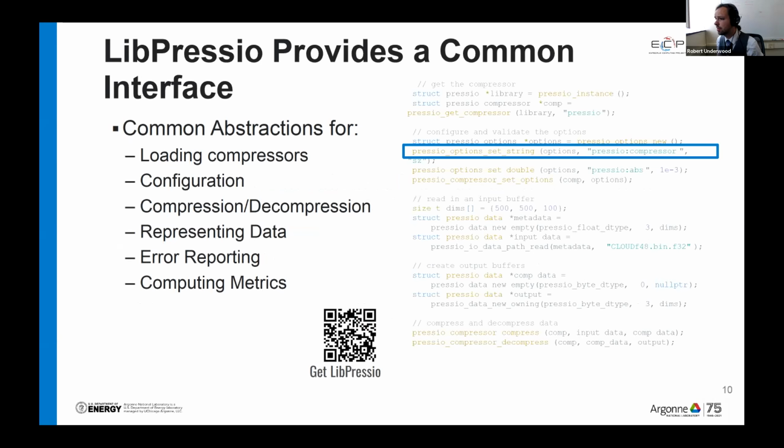The code that appears on the right-hand side of the screen, sorry for the dimness of the font, shows that we don't actually have to change very much code in order to switch from using SZ to ZFP. In this example, we only need to change the code that's selected in the blue box to switch from SZ to ZFP or SZ to MGARD, dramatically improving the productivity that you would have if you're experimenting with a variety of different compressors. Next slide, please.